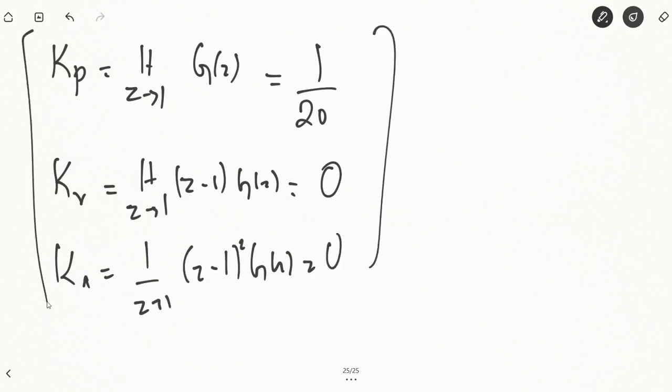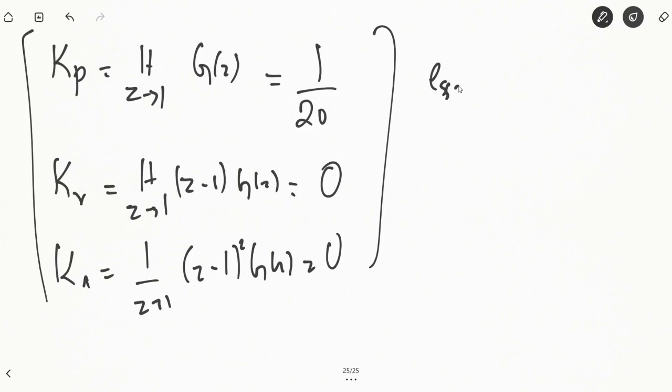Now if you have been given a system with a step input, you can determine what will be the value of error. Fine. So if you have been given a step input, you can say 1 by Kp. The steady state error is around 20.